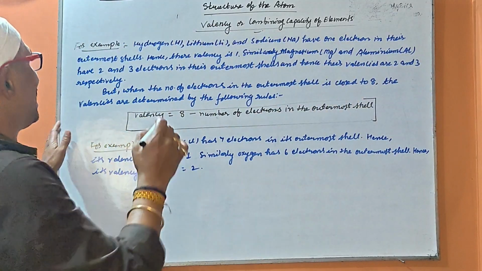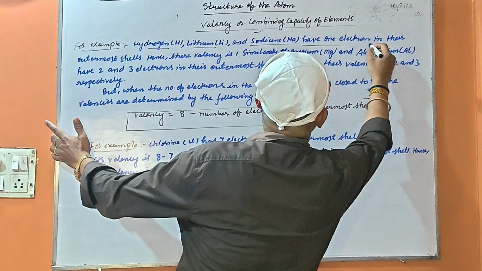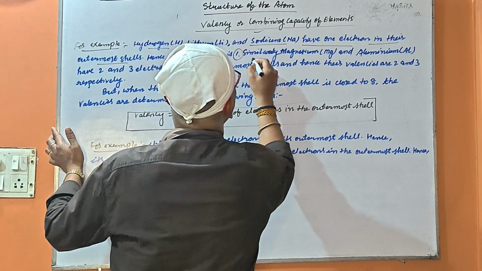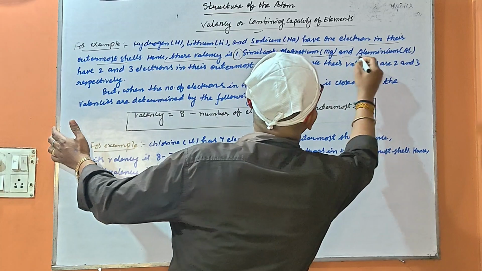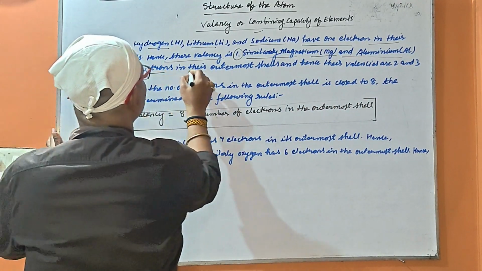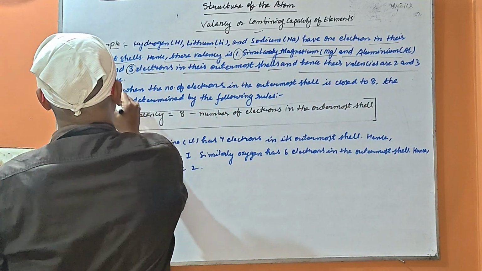For example, hydrogen, lithium and sodium have 1 electron in their outermost shell, and their valency is 1. Similarly, magnesium (Mg) and aluminum (Al) have 2 and 3 electrons in their outermost shells, and their valencies are 2 and 3 respectively.